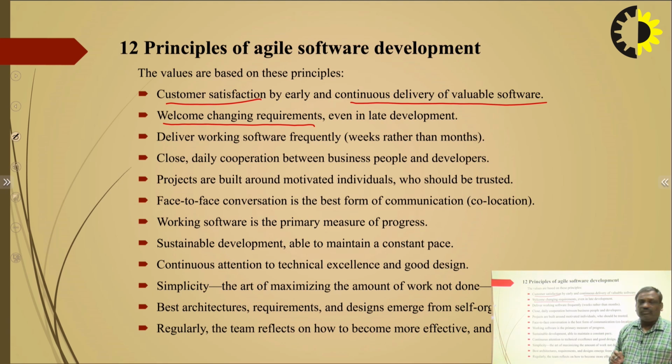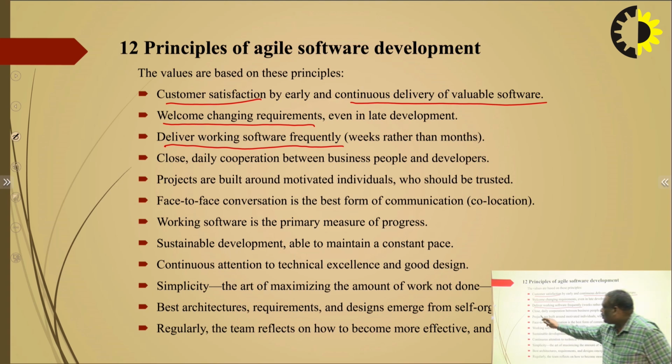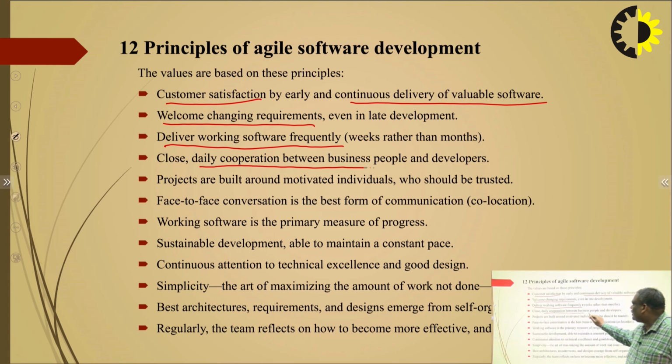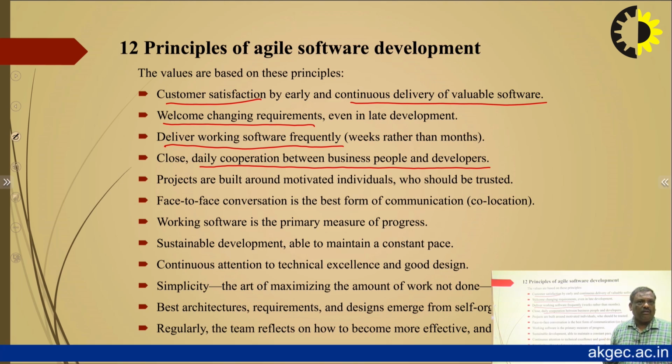Deliver working software frequently. So Agile's objective is to deliver our project in very little time. Daily correspondence between the business people and developers, that means clients and managers. Business people means all the stakeholders involved in a daily meeting, because if any type of problem arises during the development phase, the development team can solve it.